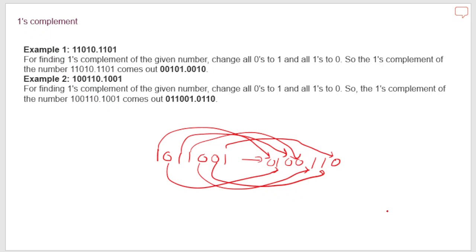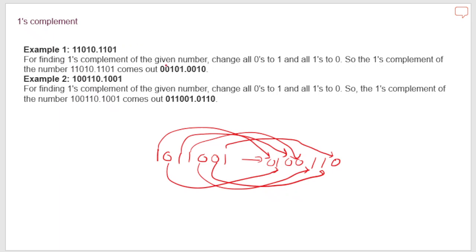Okay guys, we can find the 2's complement of a binary number by changing each bit, 0 to 1 and 1 to 0, and adding 1 at the least significant bit. We will see that when we get to 2's complement. Here, finding the 1's complement of this one, we will just change 0 to 1 and 1 to 0.